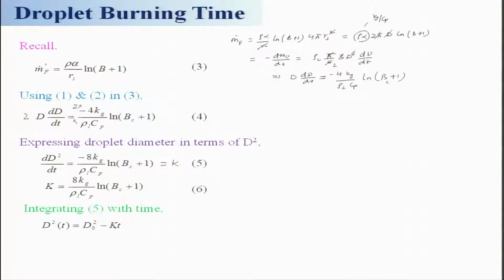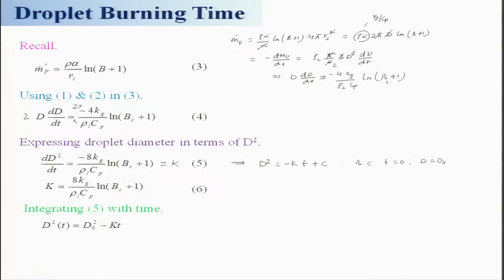How am I getting this? From this equation, I am getting d square is equal to minus kt plus c. With the boundary condition t is equal to 0, what is d? D is equal to d naught.